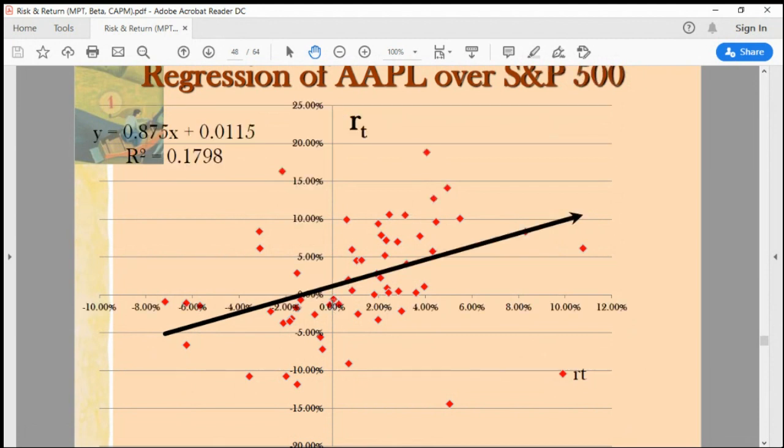That means when market return is zero, Apple's return is at least zero. Apple's return will be at least 0.0115%, right?